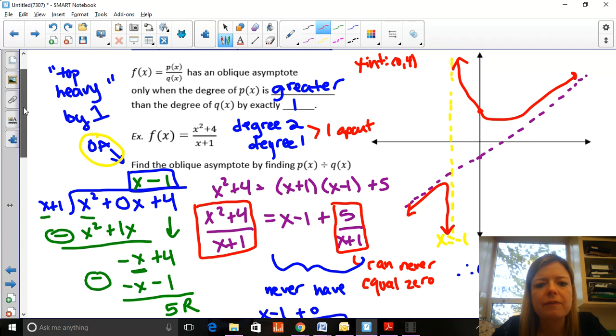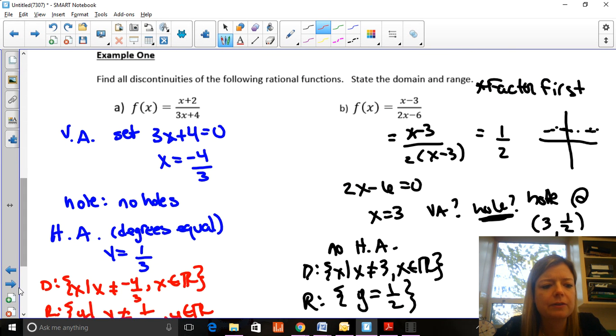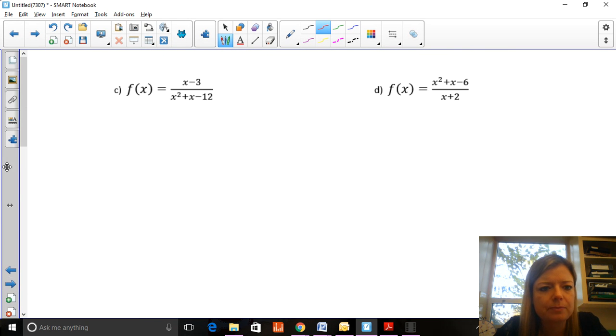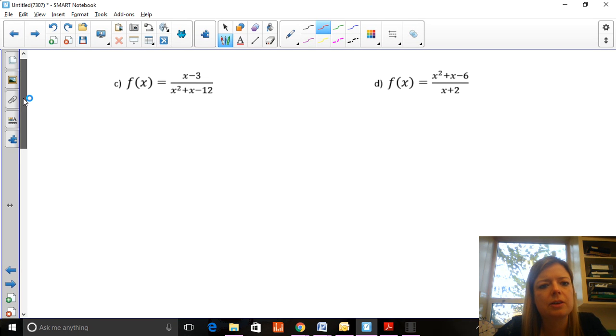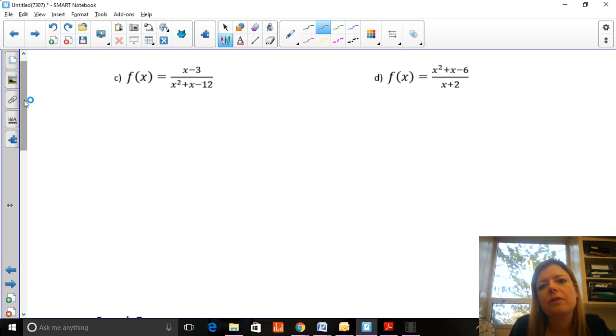So now that we know how to find an oblique asymptote, we have 2 more examples on the last page where we need to find all the discontinuities. So remember, we always look for all 4, even though we know that at most there can only be 3, because you can never have an oblique and a horizontal asymptote on the same function. So first thing we want to do is factor this.